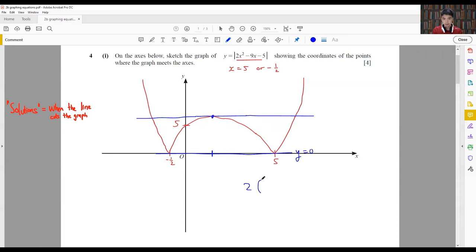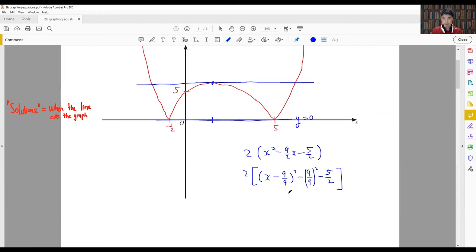Bring the 2 out: x squared minus 9 over 2 x minus 5 over 2. Then complete the square for the inside: x minus 9 over 4, bracket squared, minus 9 over 4 squared, minus 5 over 2. Close bracket.